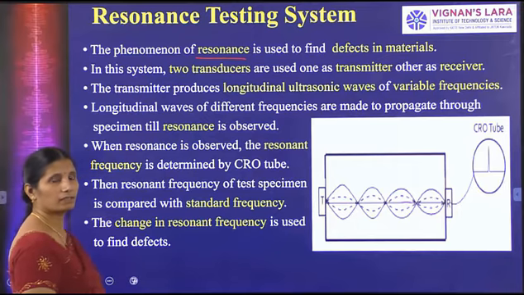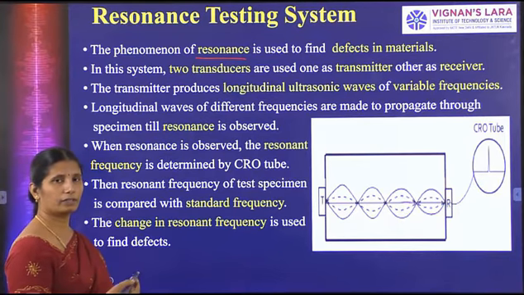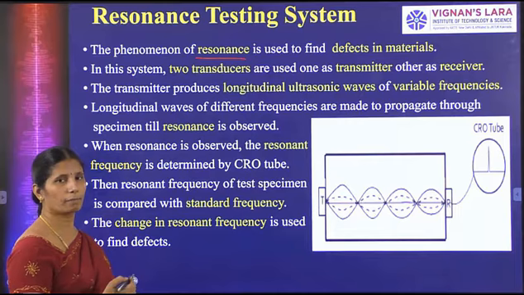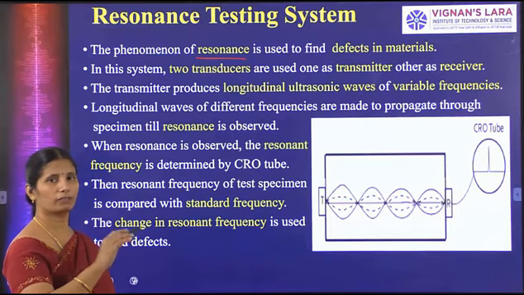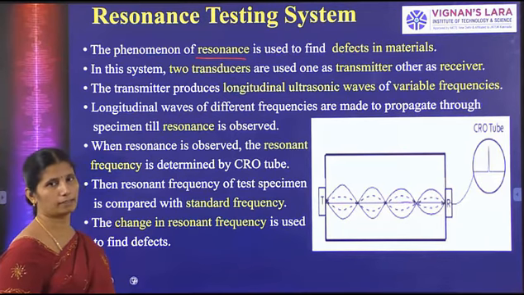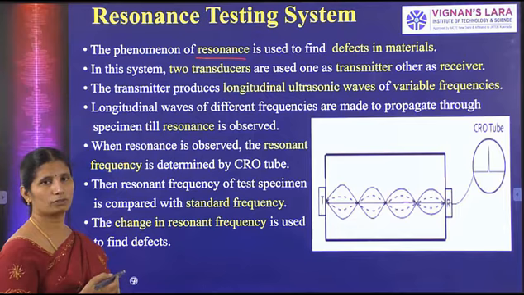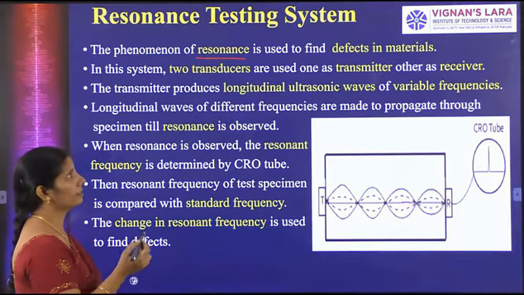What is meant by resonance? If two frequencies are matched, then resonance will occur. That means the amplitude of vibration will be maximum. That phenomenon is used in the resonance testing system.